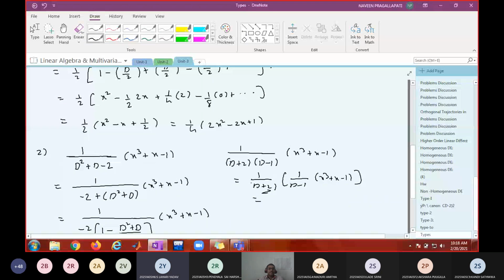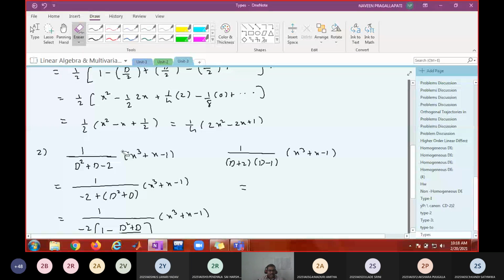No, sir. Can't we do it with d minus 1 to the power minus 1 and d plus 2? You want to apply partial fractions? Yes, you can also apply partial fractions. You do it and send me on WhatsApp.